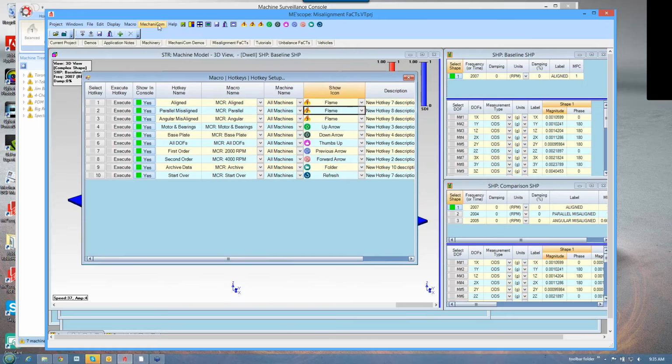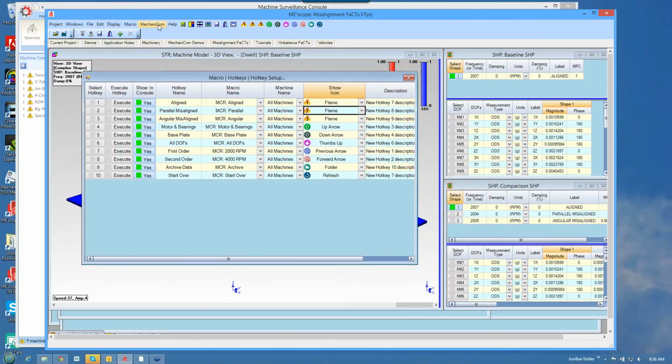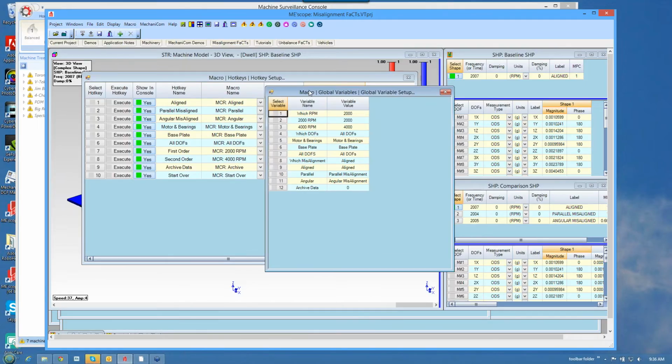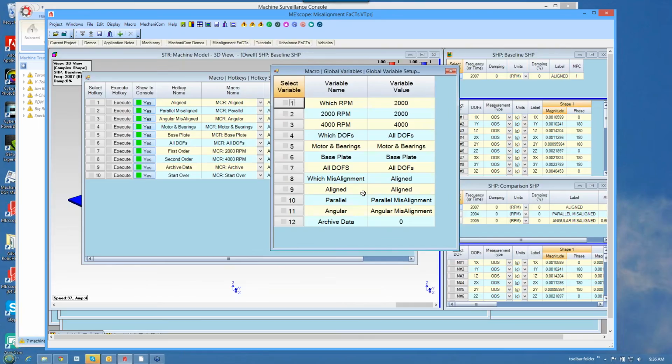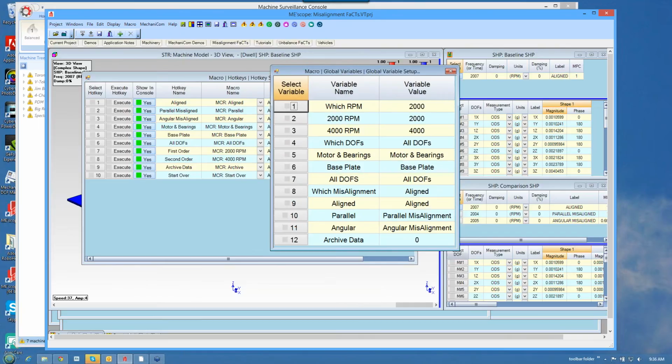The next thing that we pick to set up our macros is we can have global variables. Now we'll see how those are used in a minute, but let me just show some of them to you, because these are variables that can be shared between different macros.